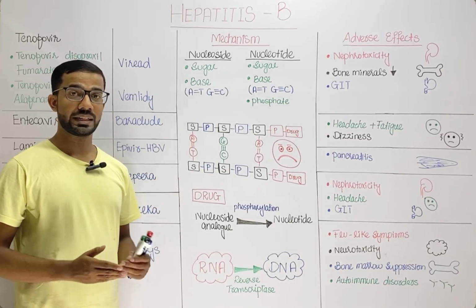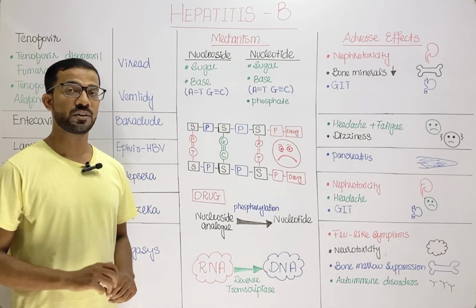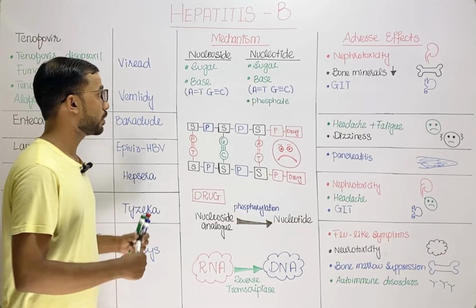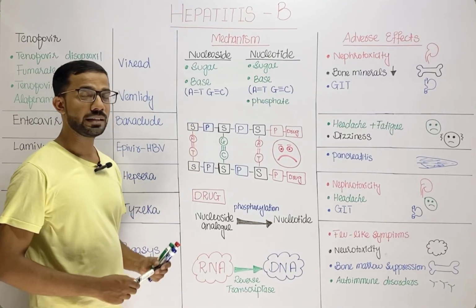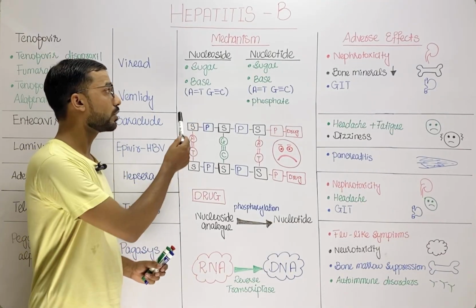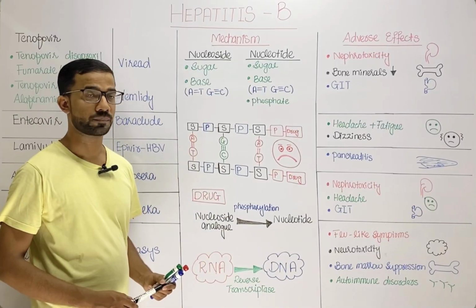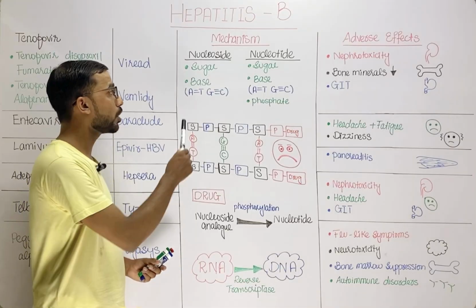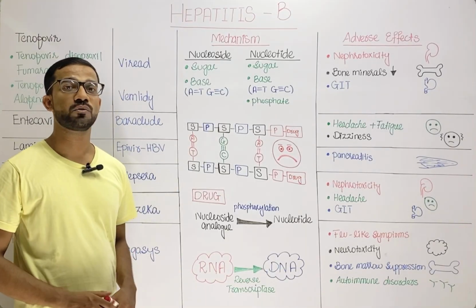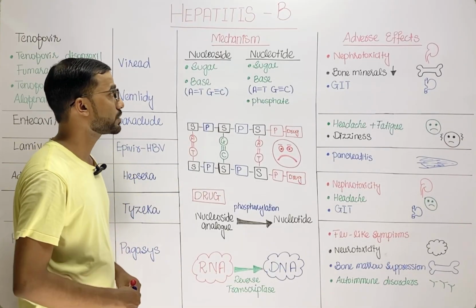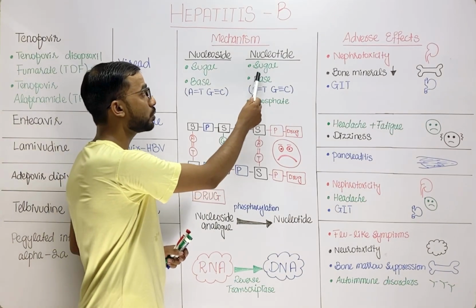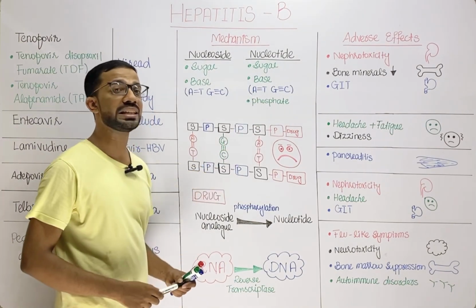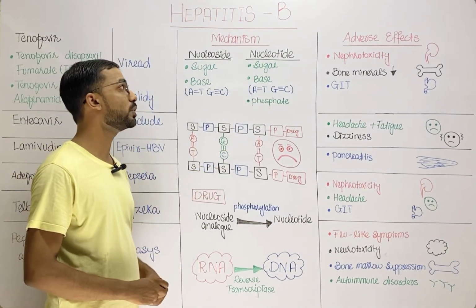When this sugar is attached to just a base, then it will become the nucleoside. The base can be adenine, thymine, guanine, and cytosine. Adenine will be in front of the thymine with a double bond, and guanine will be in front of the cytosine with a triple bond. Next, nucleotide. Sugar, base, and if we add the phosphate group, then it will become the nucleotide.